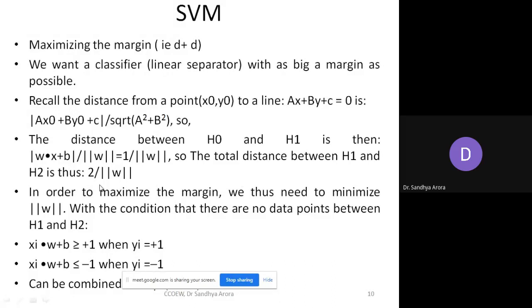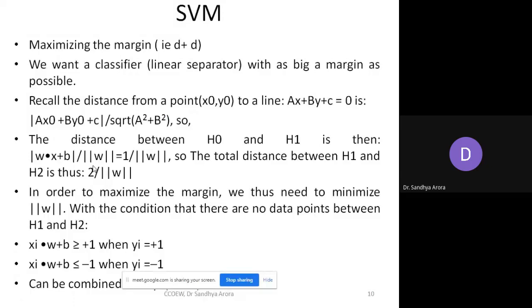So our purpose is that SVM works to maximize this margin. This margin value is 2 upon w. SVM maximizes this margin. When you are maximizing the margin, it means you want to maximize the value of 2 upon w. Maximizing the value of 2 upon w means you need to minimize the value of w, because w is on the denominator side, not on the numerator.